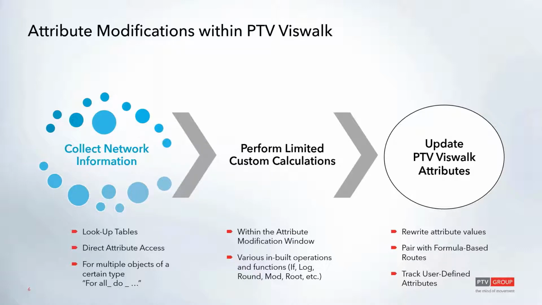They don't have full access like COM does, but you can do some things. For example, on the collect network information, you can use lookup tables. You can access some of the attributes directly, and then you can do all of the typical formulas or functions that you would see in a formula-based route or a formula-based user-defined attribute.